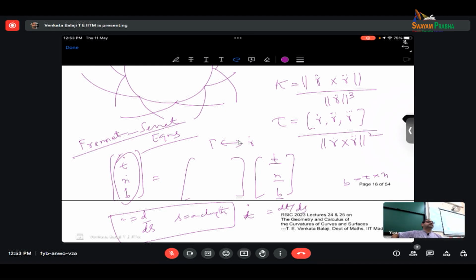Now you break this down and you get a very beautiful matrix. It involves curvature and torsion, so you will get 0, kappa, 0; minus kappa, 0, tau; 0, minus tau, 0. You will get this skew-symmetric matrix. So these are called the Frenet-Serret equations. Anybody who does differential geometry of space curves, the first thing you should learn is how to get this.